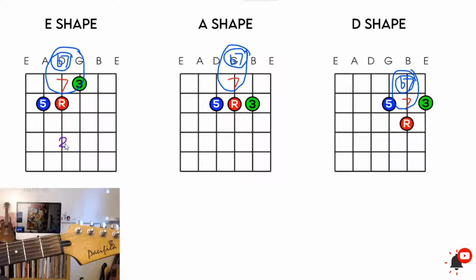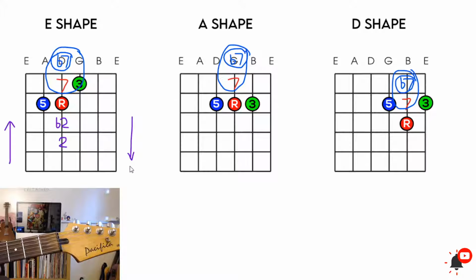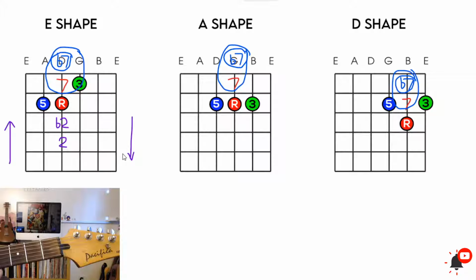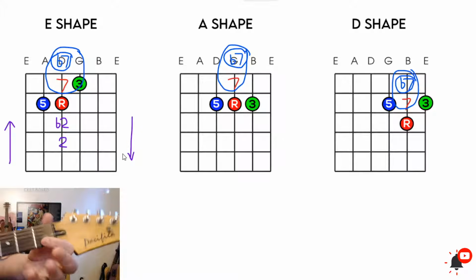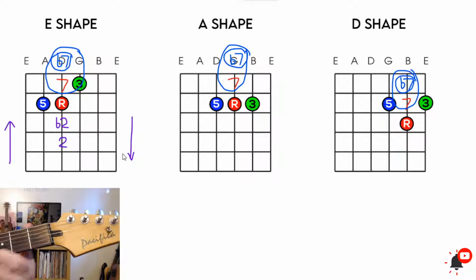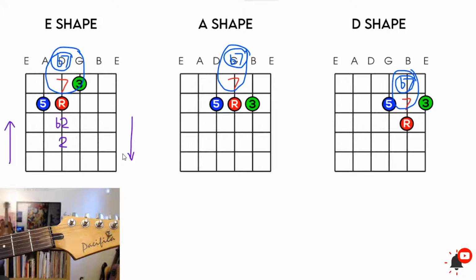But because it's a major 7, guess what? It also has a minor 7 living next door to it, just there, just underneath, going down. This way is down. This way is up. Don't get it wrong. People get it wrong. Because if you think about it, the way the pitch moves up the strings, if I move up from here, you can hear the pitch is going up.